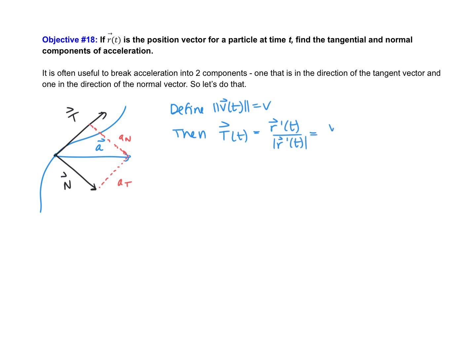Well, the derivative of r is velocity, and we are dividing by the magnitude of velocity. So this is really just velocity over v, because we already defined the magnitude of velocity as just plain old v.